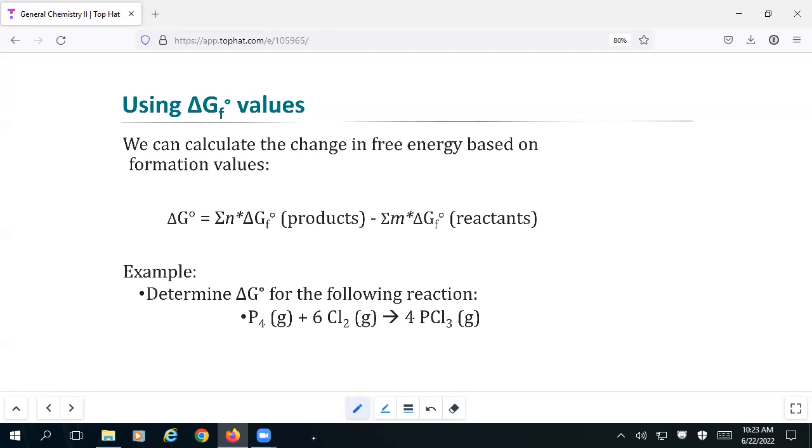Again, this equation should look familiar as well because we did a very similar form of it in chapter 10 with enthalpy of formation. And we did a very similar form of it yesterday with the standard molar entropies. The equations look exactly the same. We're just substituting one thermodynamic factor for another.